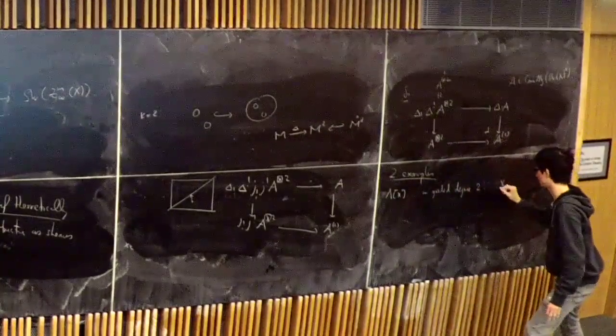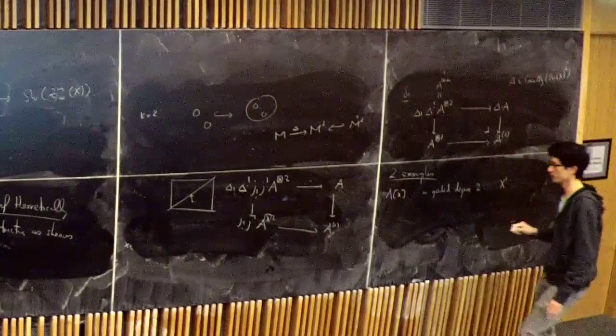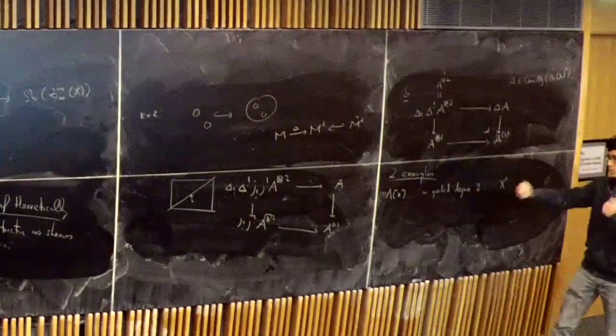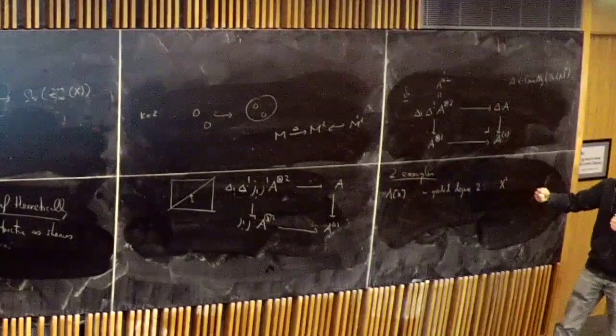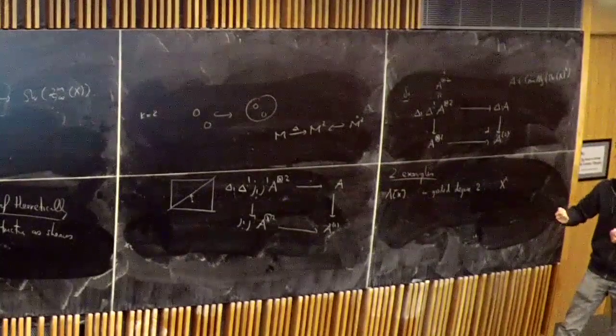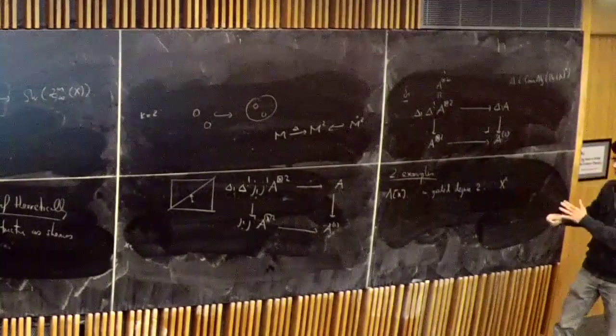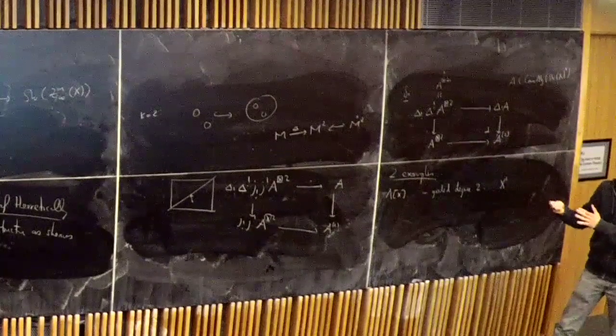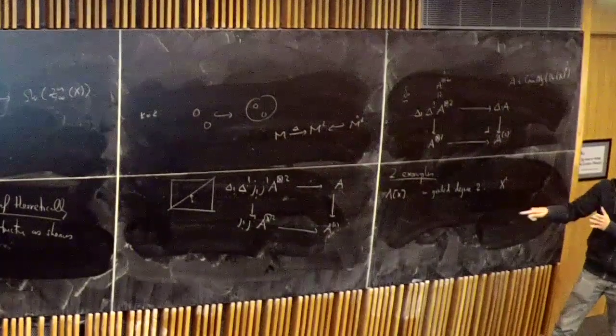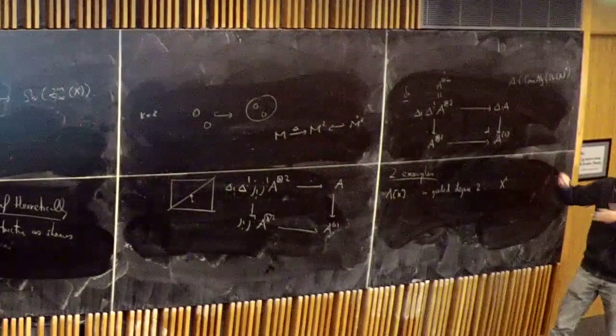On X squared, on the complement of the diagonal, you have to put two things of graded degree 1 so that they sum up to degree 2. And on the diagonal, you put one thing of degree 2. And the multiplication map is just a constant map. So you're gluing something along a constant map.